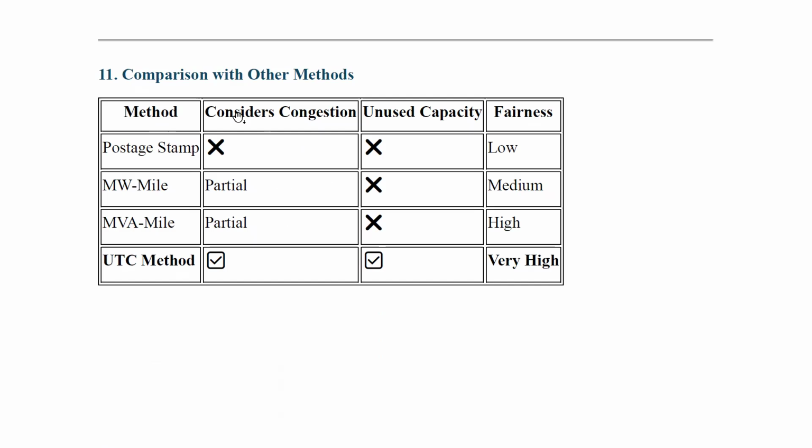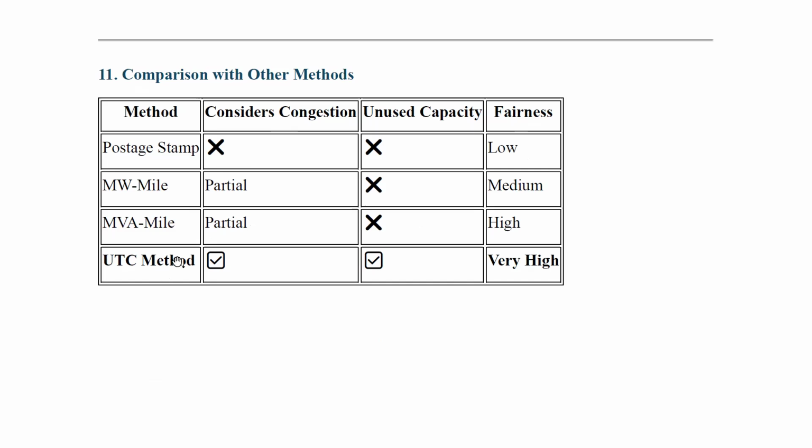With respect to congestion, unused capacity and fairness: in the postage stamp method, congestion is not considered, unused capacity is also not considered, and fairness is low. In the megawatt mile method, congestion is considered partially, unused capacity is not considered at all, and fairness is medium.